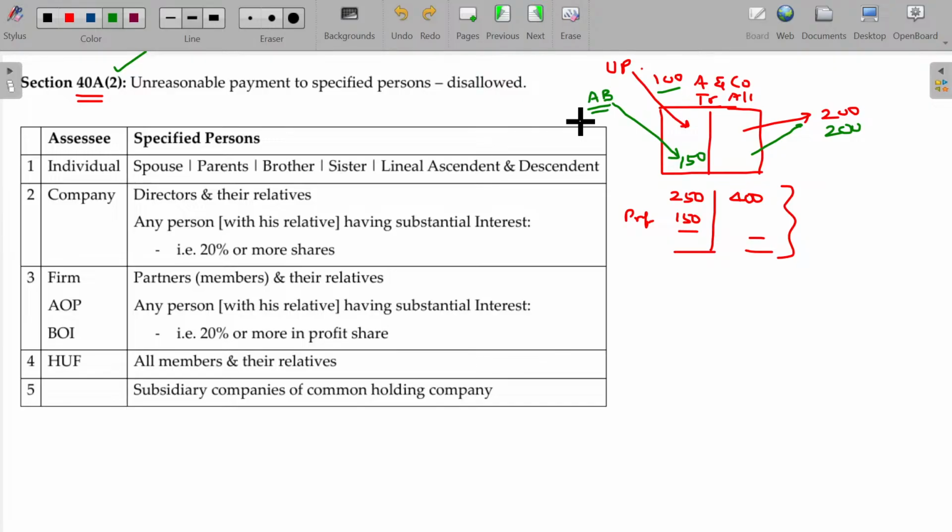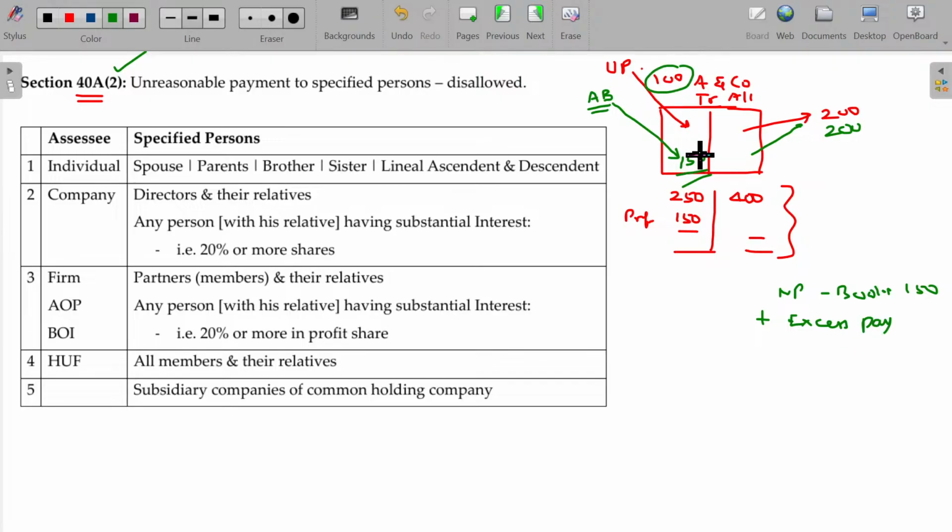So immediately the government comes with a provision that the excess amount you paid, 50 rupees, will now be addable. So net profit as per the books being 150, add excess payment to brother. The excess payment is unreasonable, so it is disqualified.